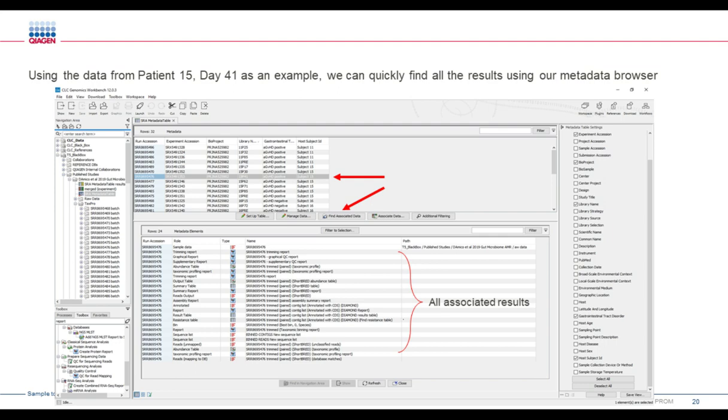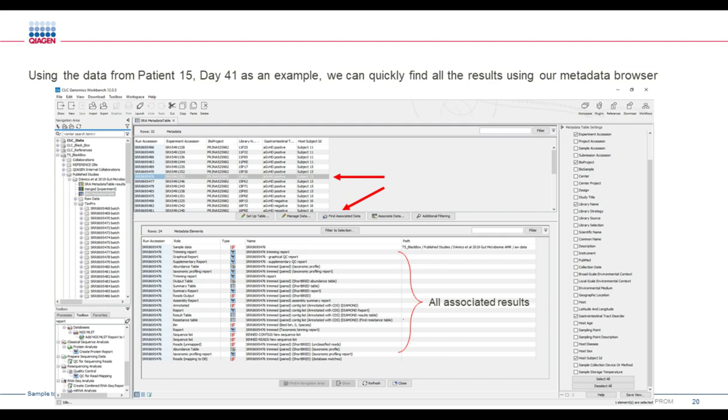So what you're looking at here is for patient number 15, a particular sample which was day 41 post-op, and the original file name or FASTQ run accession number is indicated on the far left of the table on the top. By opening up our metadata table view for this project and selecting that individual file, we're able to then find all of the associated data that has come from that file in the window below.